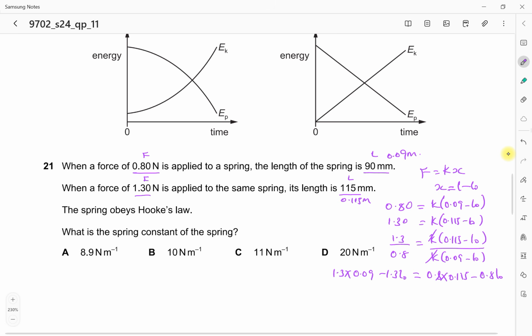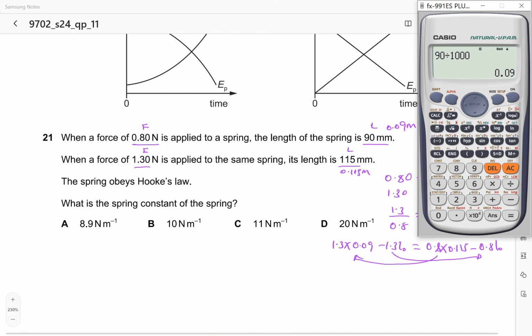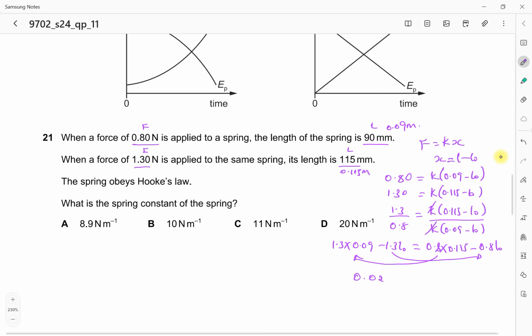So collect like terms. I take this to the other side, and I bring this one this side, after simplifying, of course. I have 1.3 times 0.09 minus 0.8 times 0.115, which gives me 0.025 on one side.